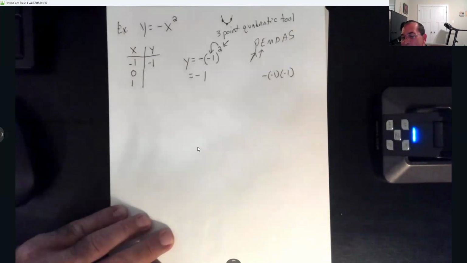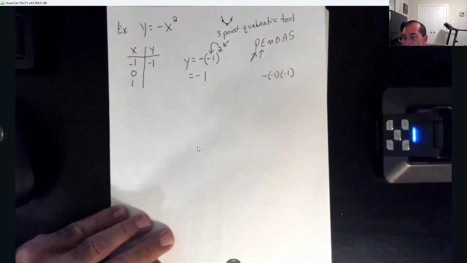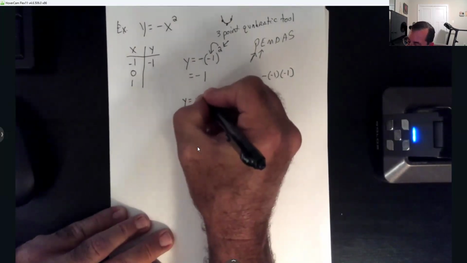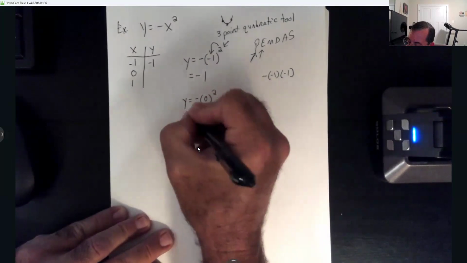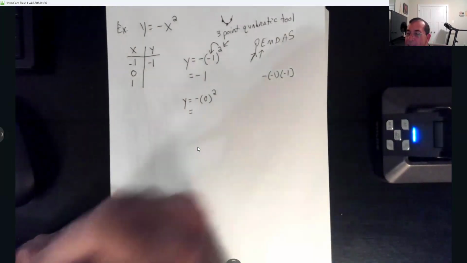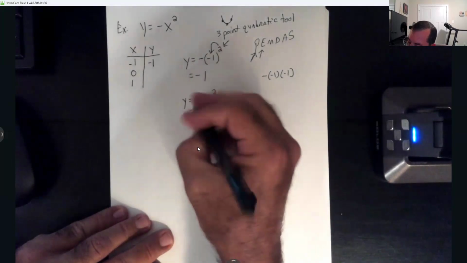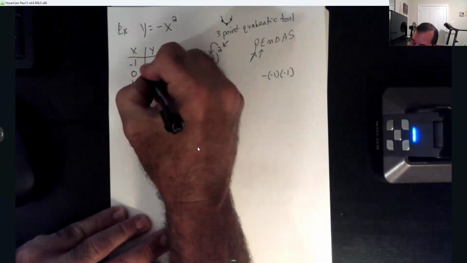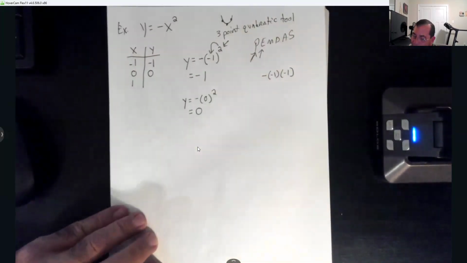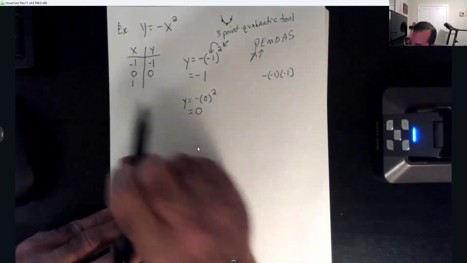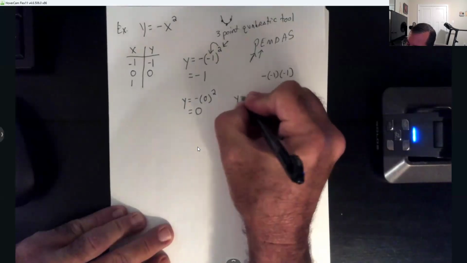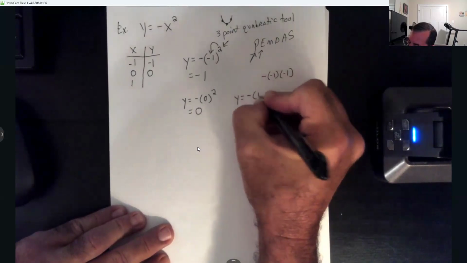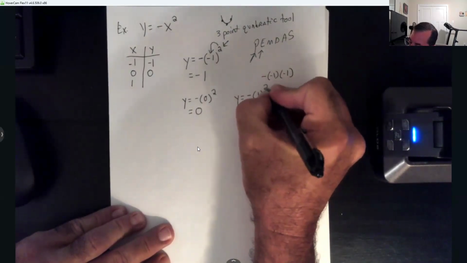All right, y'all, what are you going to get when you put a 0 in for that x? Well, 0 squared is a big 0, and 0 times a negative is a big 0. So then we're going to put this 1 in. So bring down the negative, put in your 1 for the x, and square it.